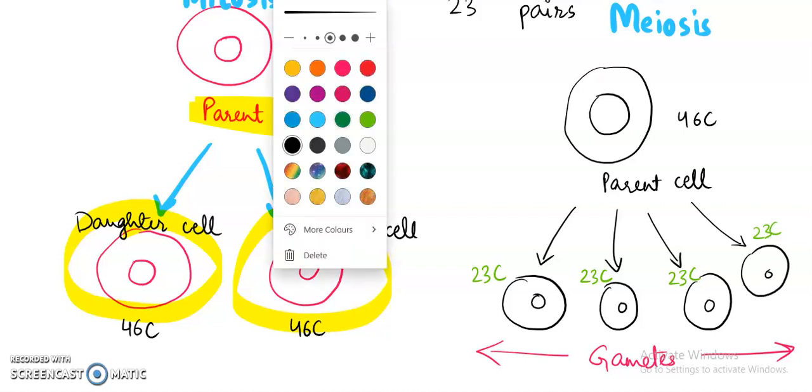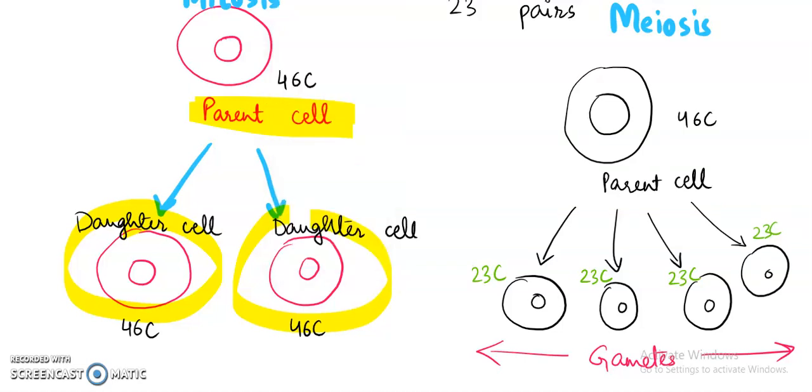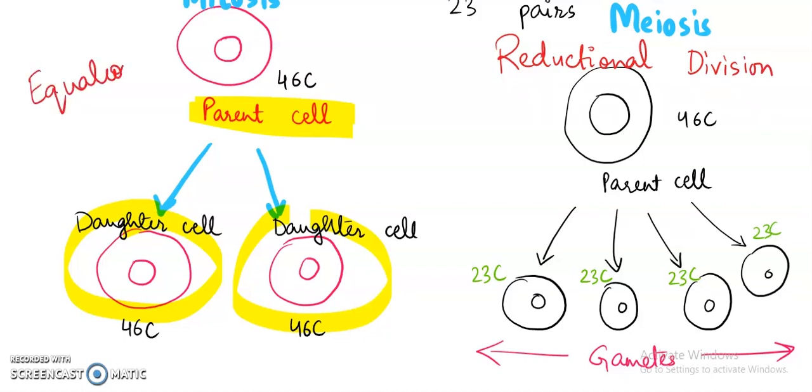Now here I would like to mention one more thing: meiosis makes the chromosome number half. That is why it is also known as the reductional division. Whereas mitosis does not make any change in the chromosome number.